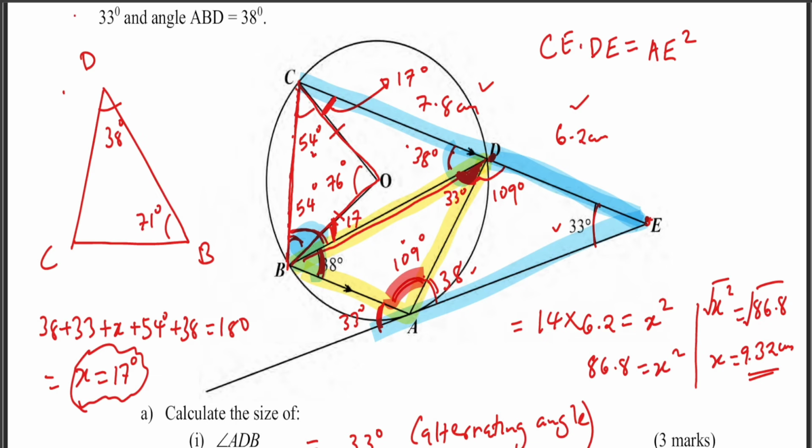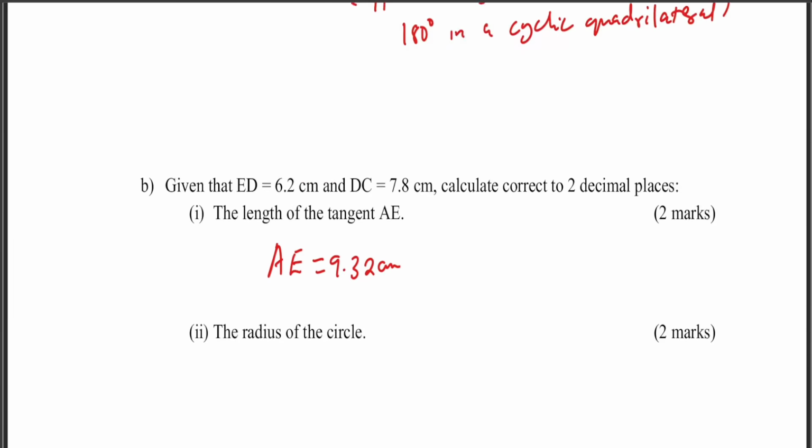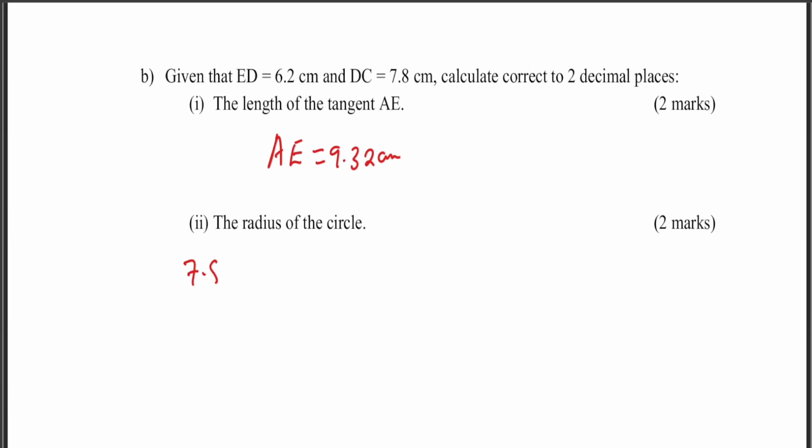Now, since you know that 71 degrees and you know the distance from D to C is 7.8, you can use the sine rule. The sine rule says that a over sine A is equivalent to 2R. So 7.8 divided by sine 71 is equal to 2R. 7.8 divided by sine 71 gives you 8.249, which is 2R.